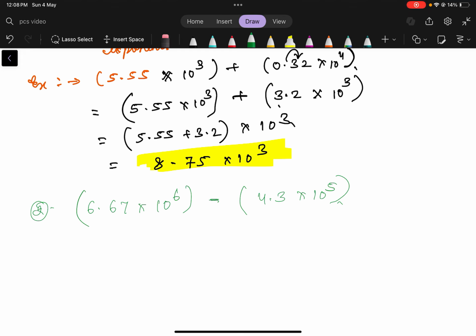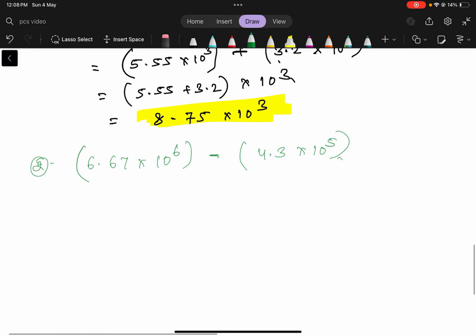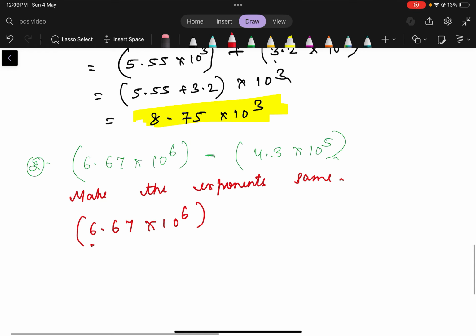Now how will we subtract this? We will make the power the same, that is, we will make the exponents the same. Right. What we will do is convert 4.3 into 10 to the power 5 into the form of power of 6: 0.43 into 10 to the power 6.